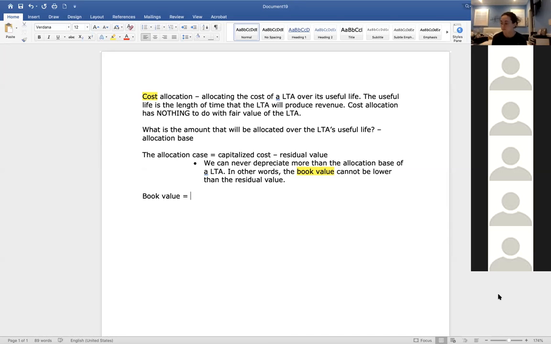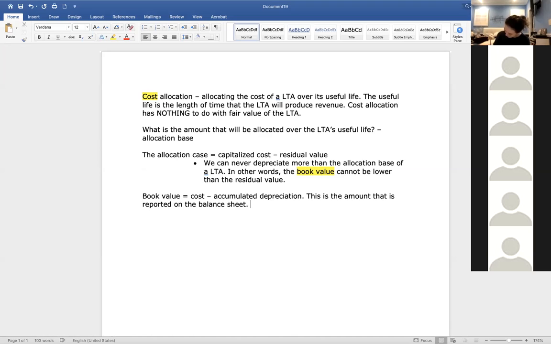Nice job, Tanisha. So it is cost, which we know is capitalized cost, minus accumulated depreciation is your book value. This is the amount that is reported on the balance sheet.